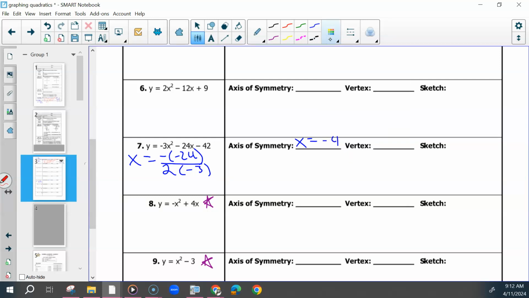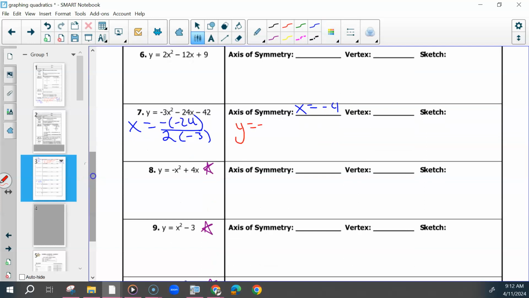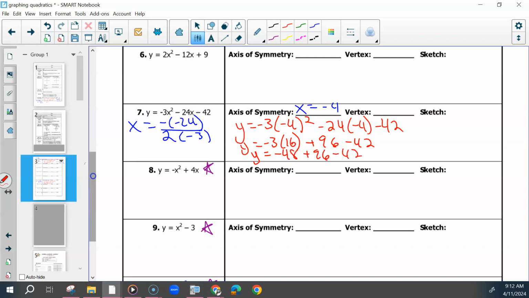And then put that into all your x values. Find that y value. Should not be that high.